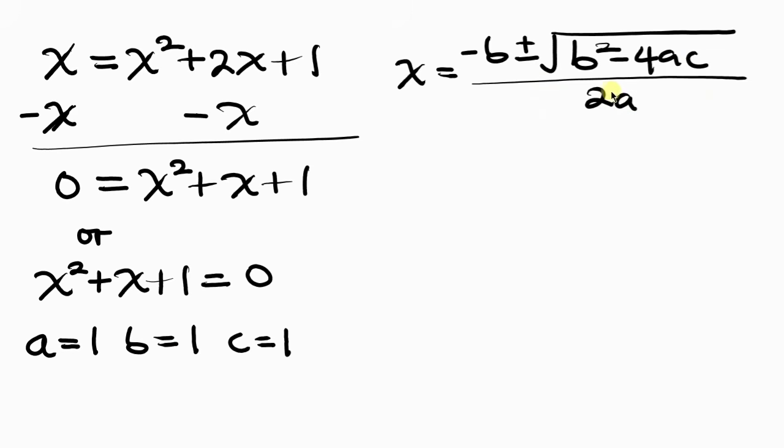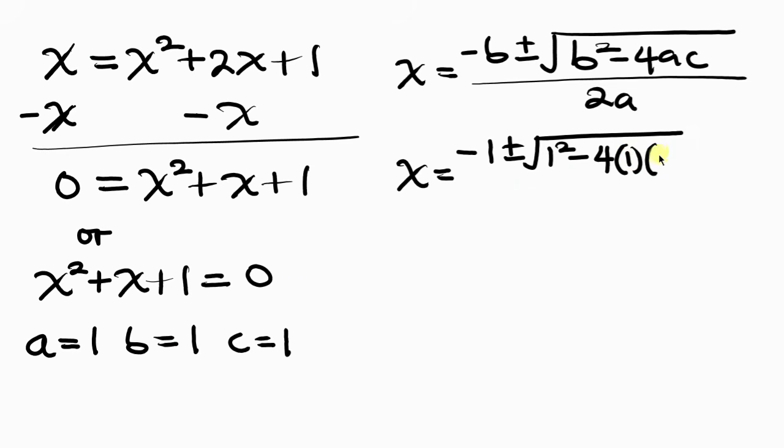Now let's substitute here. Our x will be negative b, and b is 1, plus or minus the square root of b squared, so that will be 1 squared minus 4 times a times c. So 4 times a, which is 1, times c, which is also 1. All over 2 times a, that will be 2 times 1 as well, right? Cool.